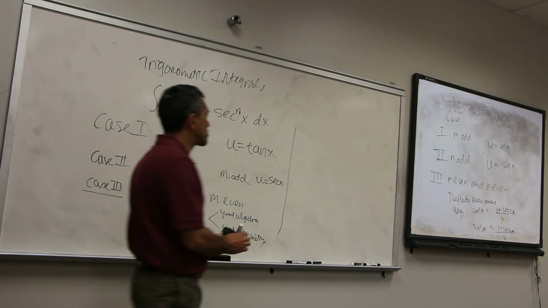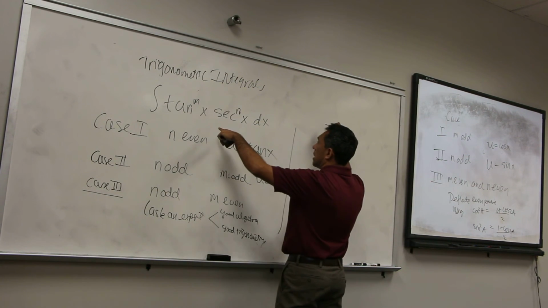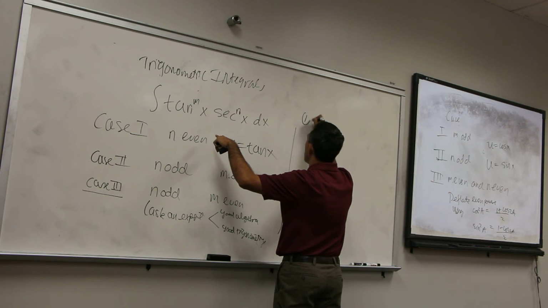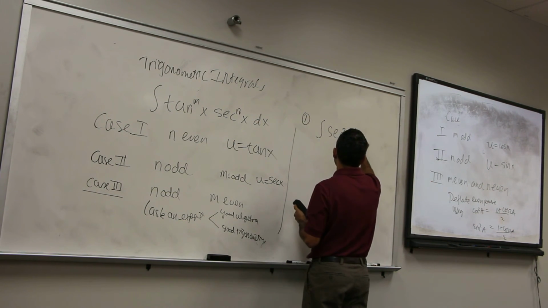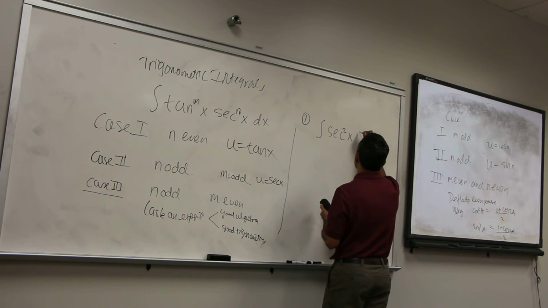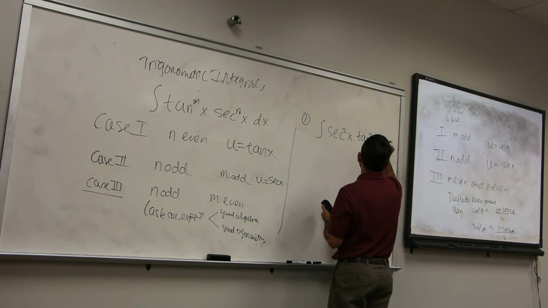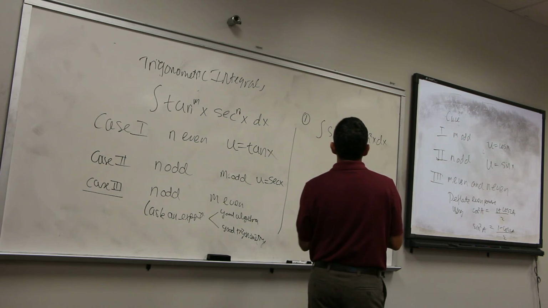Let's do one where, so here's one. So this is n is even. So let's say we have secant squared x, tangent squared x. That would be the first case.